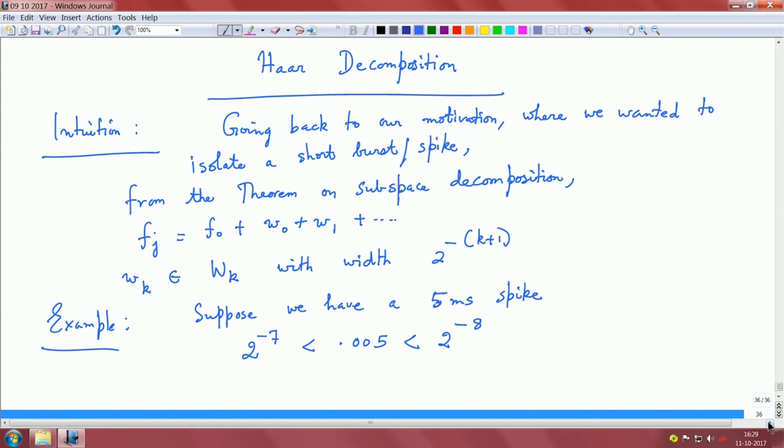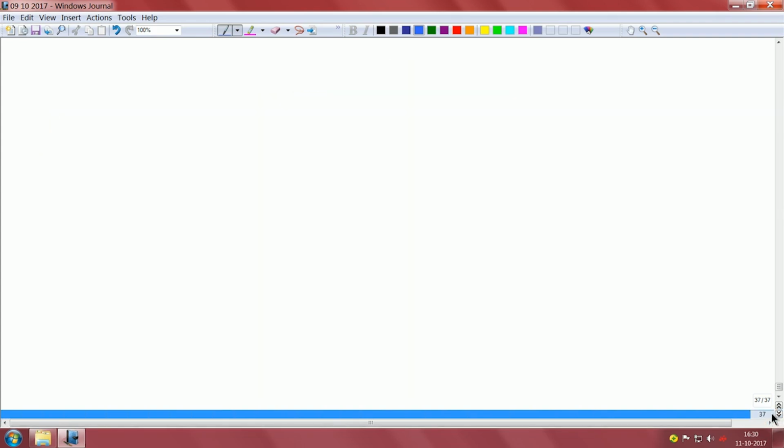Okay. So, let us consider the wavelet decomposition process. This is best understood through an example first, and then we will formalize.